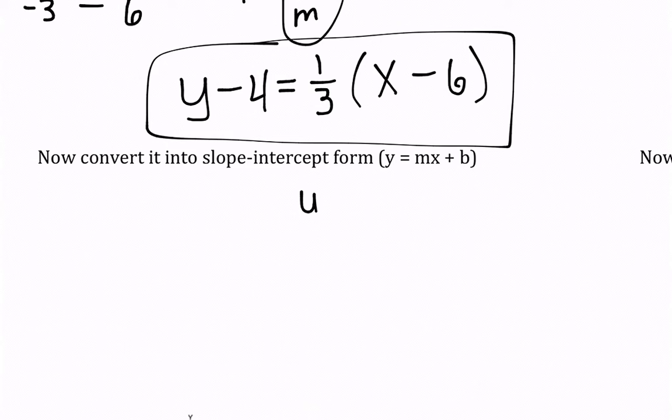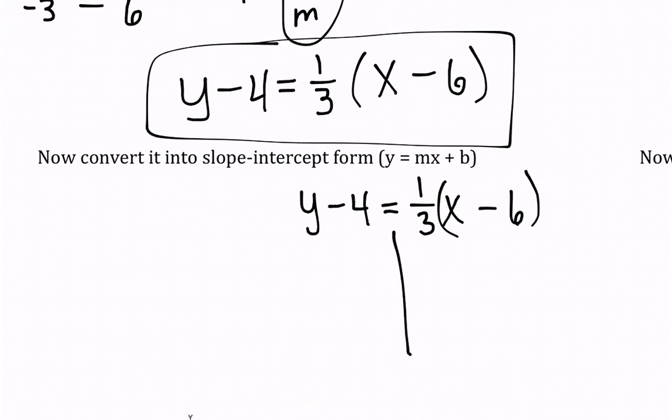All right, so I'm going to rewrite it. Y minus 4 equals 1/3 times x minus 6. Okay, the first thing I'm going to want to do is distribute my 1/3. So 1/3 times x is a 1/3 x. 1/3 times a -6 gives me a -2. My y minus 4 on the other side drops down.